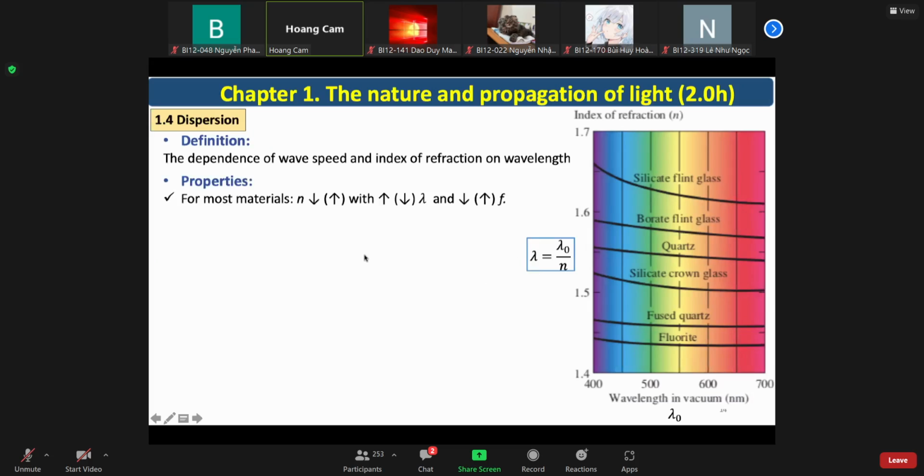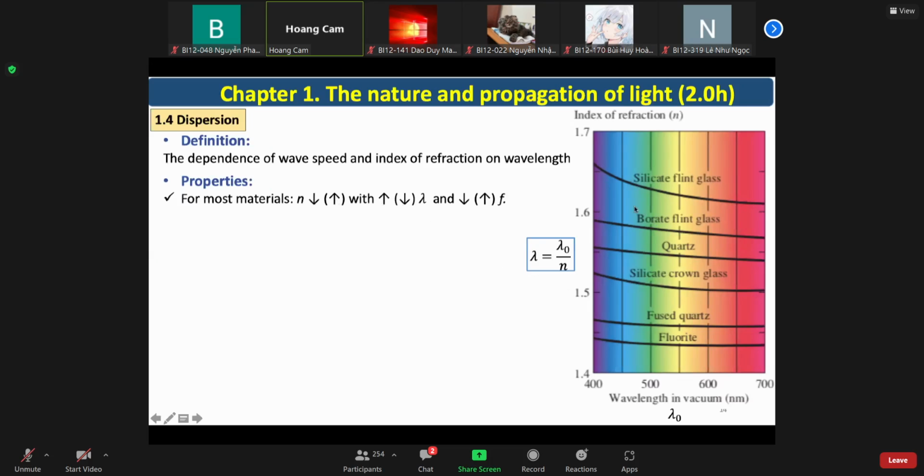The wavelength in different materials is different. We have lambda equals lambda 0 divided by n. And for dispersion, we have the property that for most materials the index of refraction decreases with the increase of the wavelength.